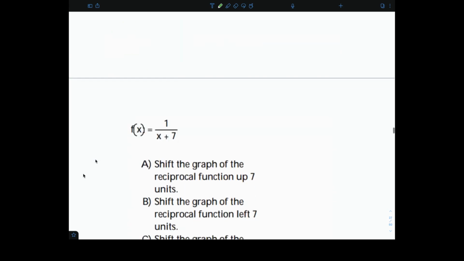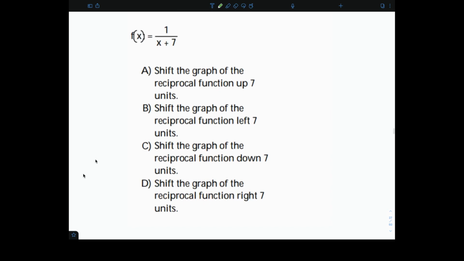All right, next up, got some transformations. So what do we know about transformations? Well, we know that when it's related to x, it is horizontal. It doesn't matter what the function is. Remember, horizontal is left and right. So that means anything talking about up is wrong.